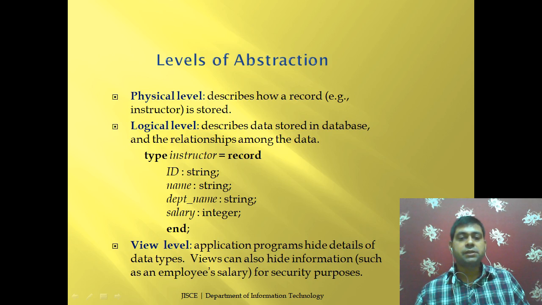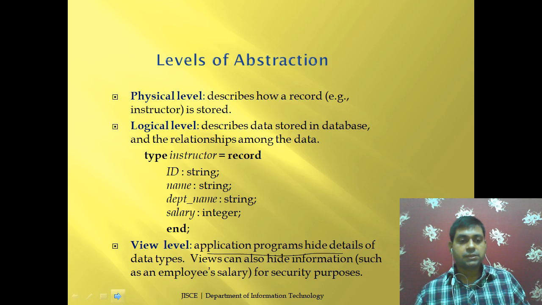It gives the leverage to view the information, maybe information of the salary of employees. Someone may be interested in the address where the employees are. So different views are there. This is the application program that hides the details of data types. So this is view level. So abstractions are there in every level.